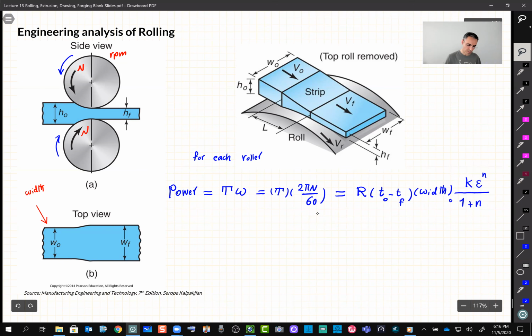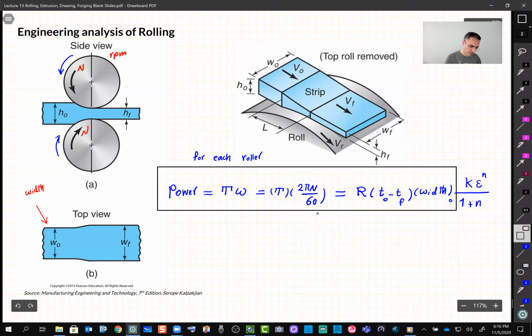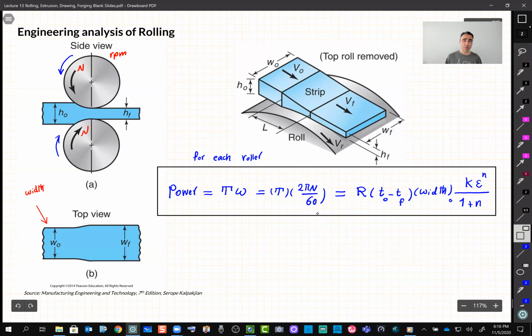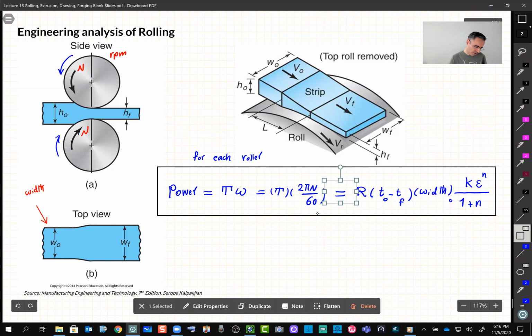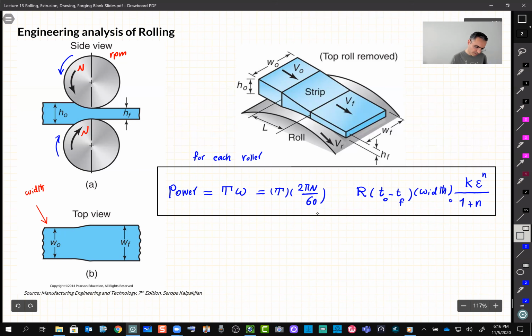All right, so this is basically the formula for power. Please go through it, and if, oh, forgot here something important. So equal to 2 pi N divided by 60.